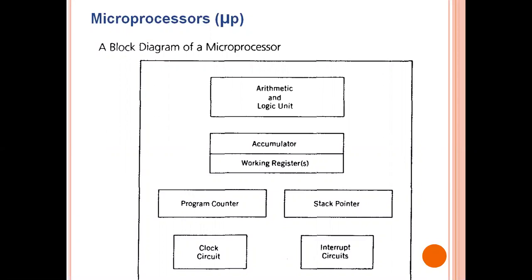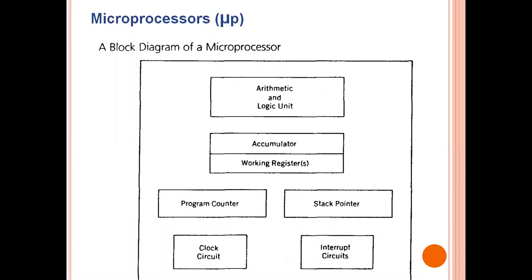Working registers: this register set depends on the microprocessor type or company. For example, the 8086 microprocessor has AX, BX, CX, etc. registers, whereas the 8051 microcontroller has R0, R1 up to R7 registers.